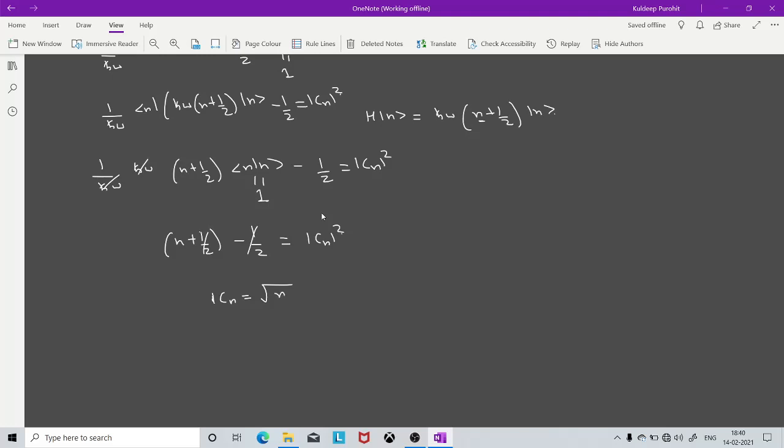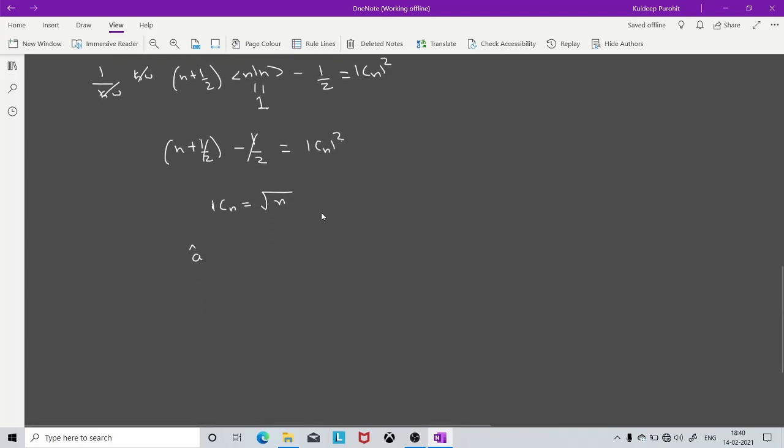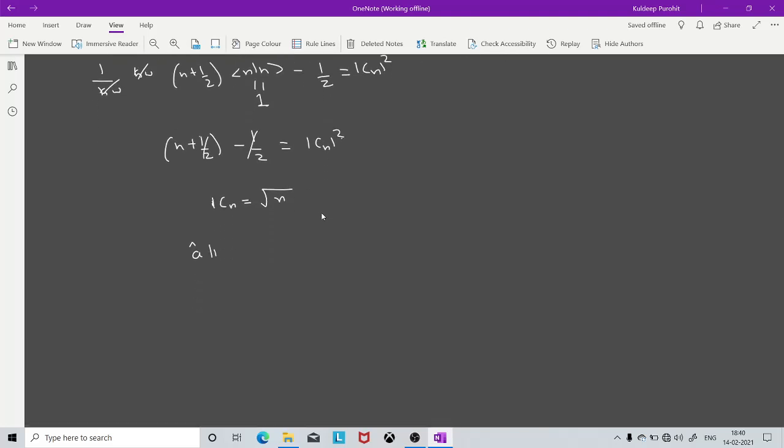And Cn comes out to be root of n. So we defined that when A operates on n, there will be a Cn coefficient into ket of n minus 1, which is one state lower than n. So A on ket n is equal to root of n into ket of n minus 1.